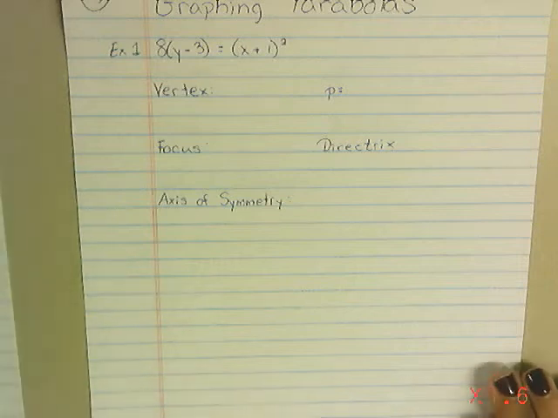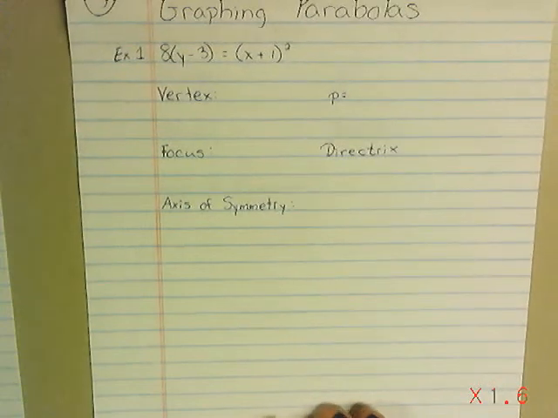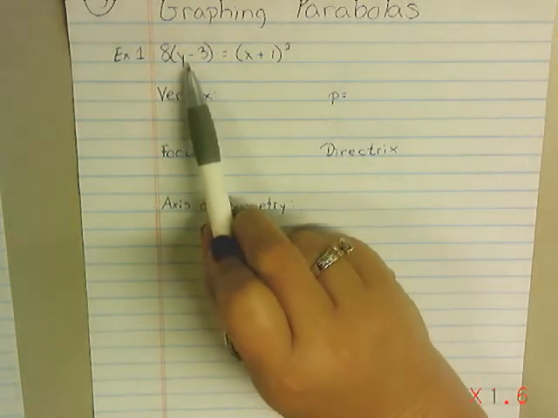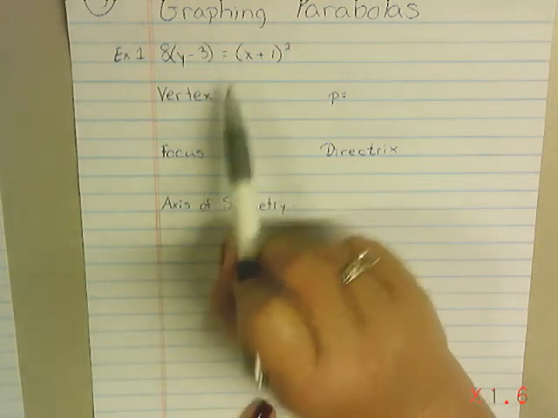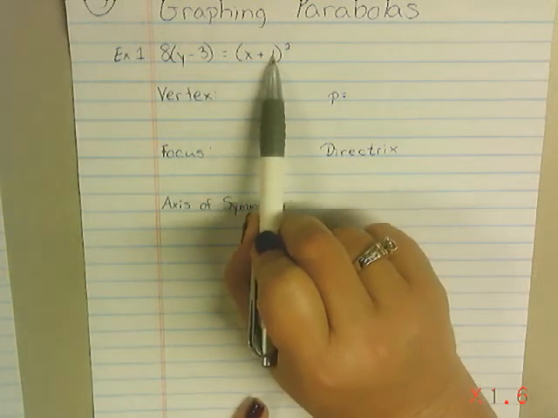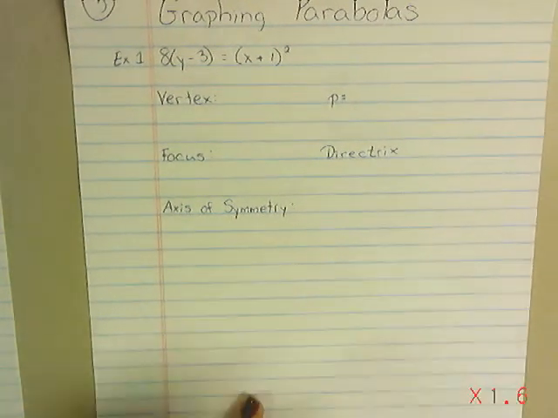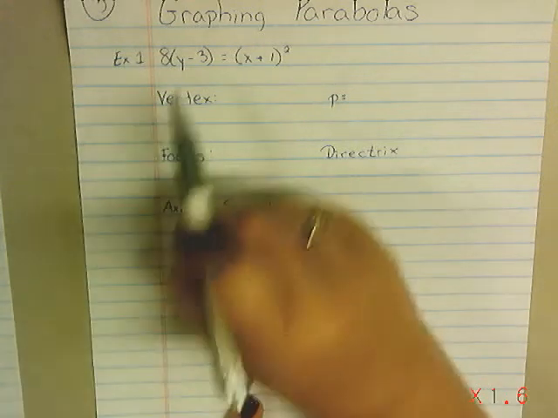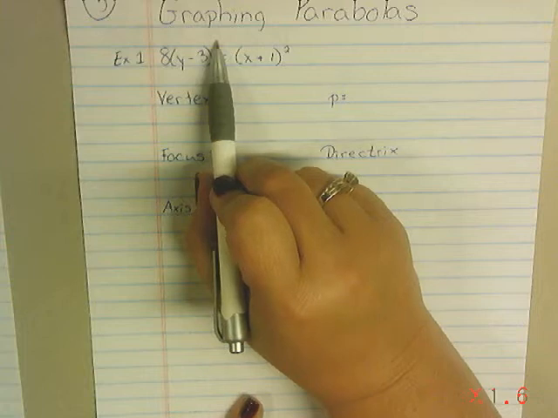Okay, so here's our first example. We have the equation 8 times the quantity y minus 3 equals the quantity x plus 1 squared. So I know a couple of things about my parabola already. I know it's going to be a y parabola because the y is the one without the squared.